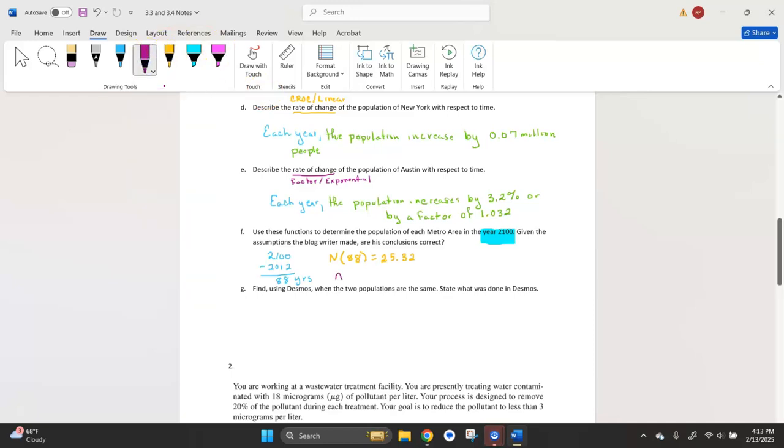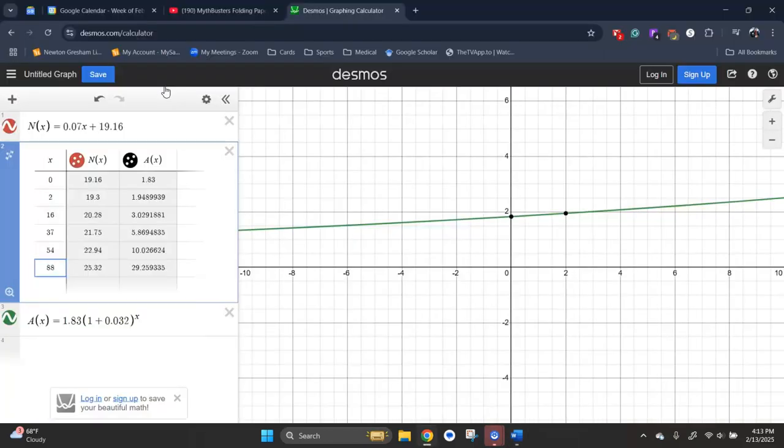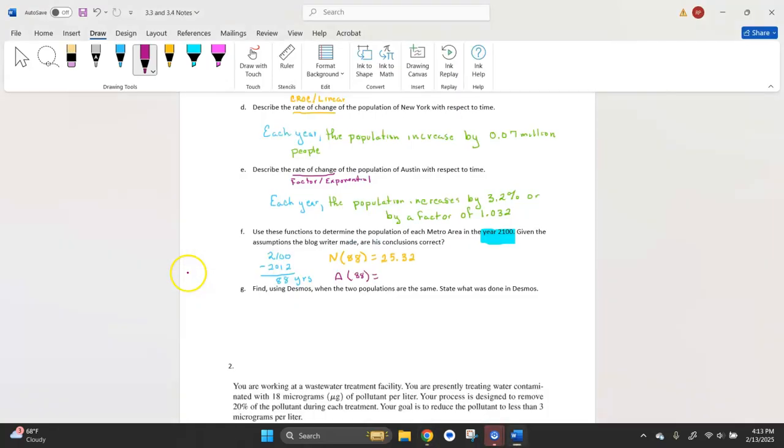And then A of 88, so Austin's population, 88 years from 2012, which is the year 2100, we see that it's 29.26 million. And so did the blogger make a correct assumption? Well, yes, provided that these populations are increasing by 0.07 million for the next 88 years, and 3.2% for the next 88 years.